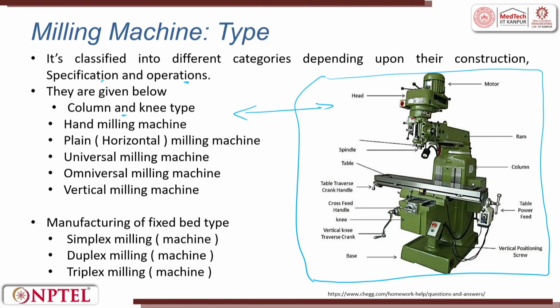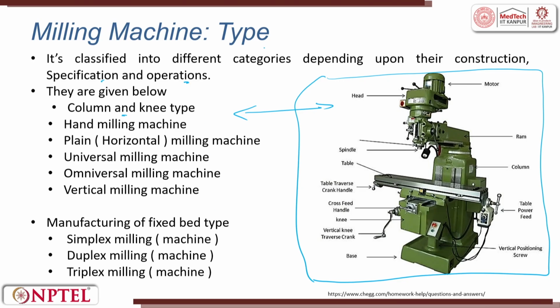As there is a knee here, then hand milling machine, then plain milling machine which is horizontal, then universal milling machine, then omniversal milling machine, and we have the vertical milling machine. These are the different types of milling machine.